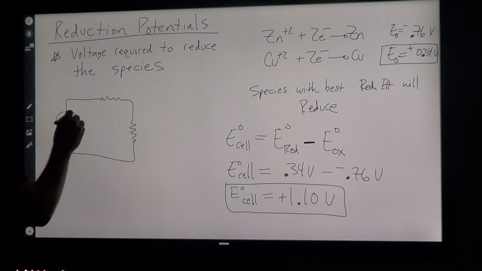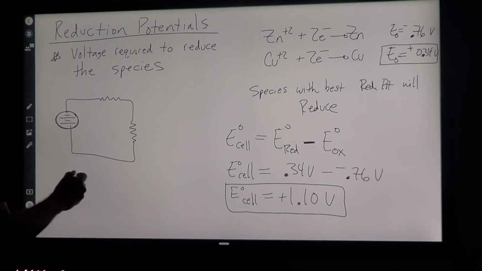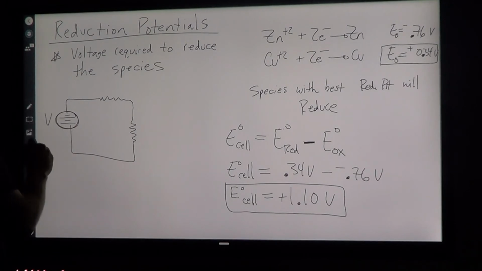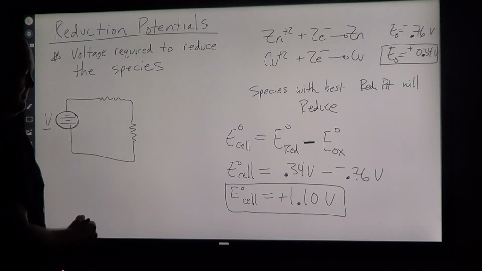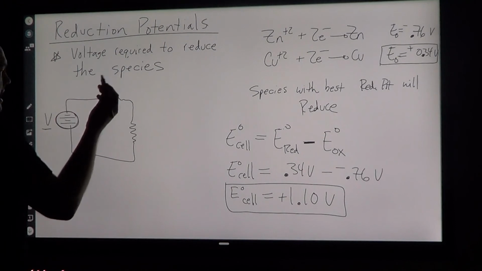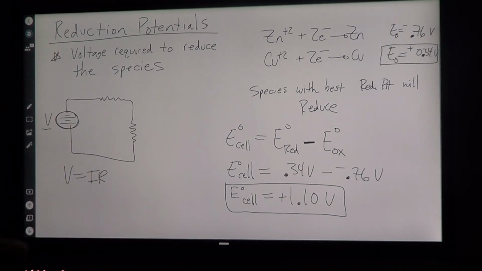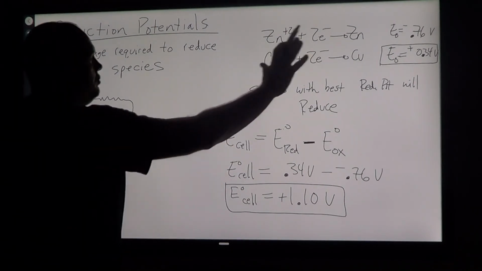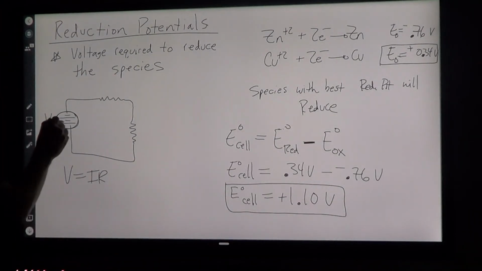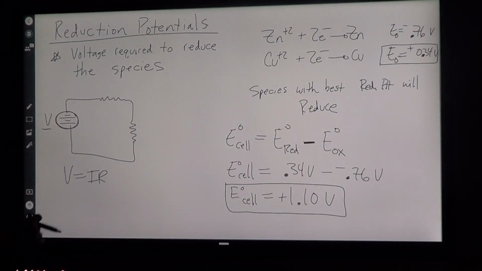This right here is your voltage. Okay? That is your cell, your voltaic cell that you're using to drive this circuit. And then you have to learn, V equals IR, and all of your other electrical formulas that you use. But this is how you build a battery that you would then plug into a circuit. Okay?